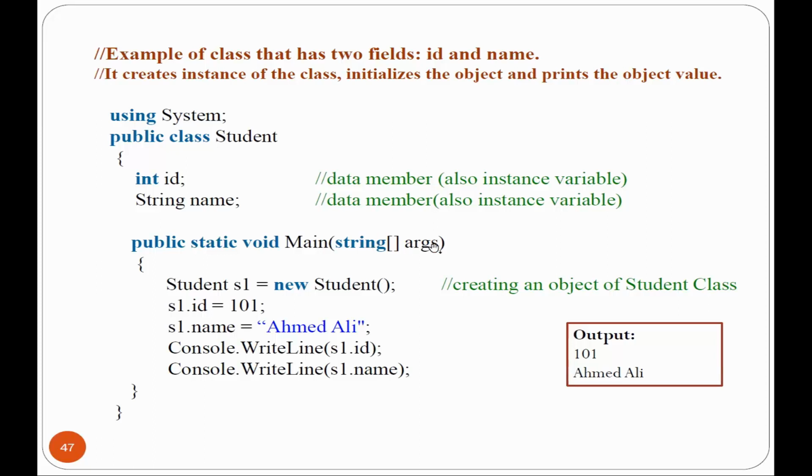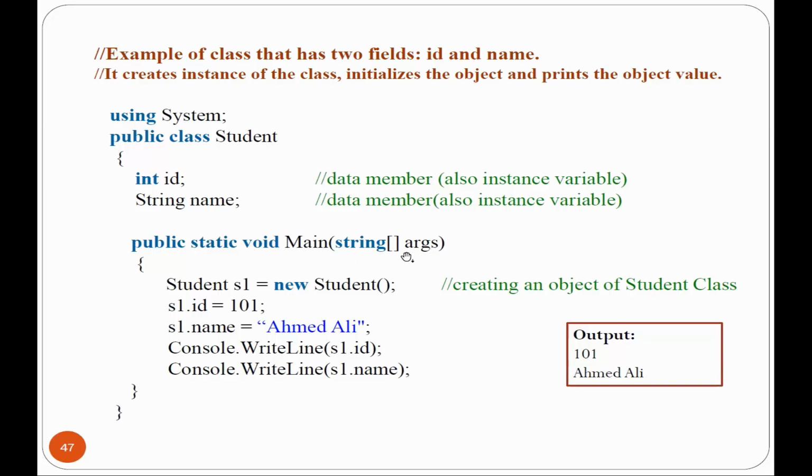And this is string args. If you do not put it here, by default your system has this feature. Whenever you open a new programming window in your compiler, you see this string args by default as an argument. This is a command line argument.